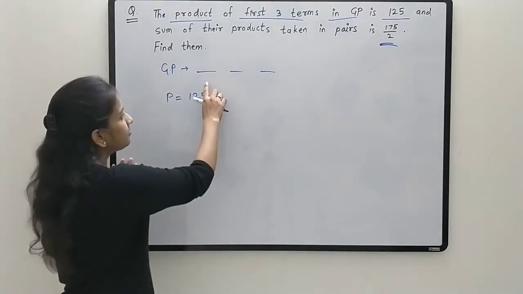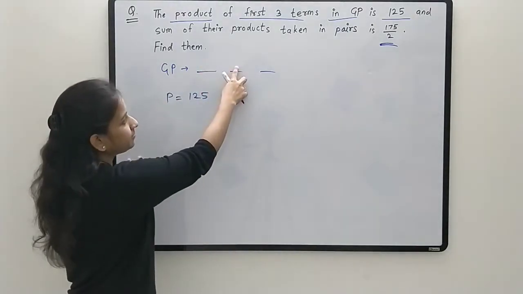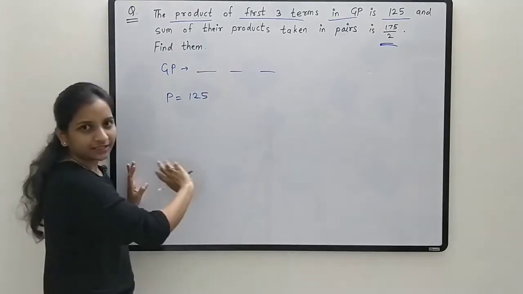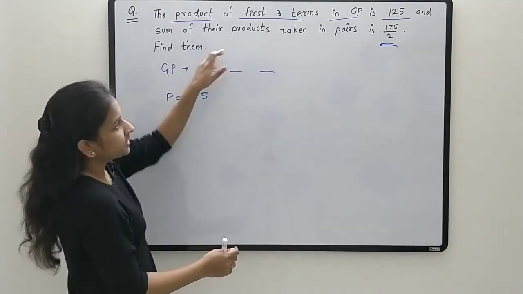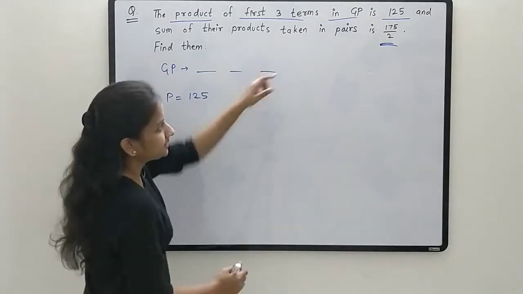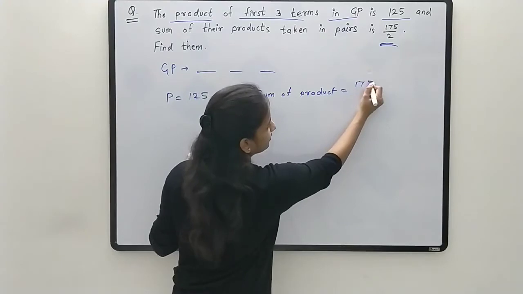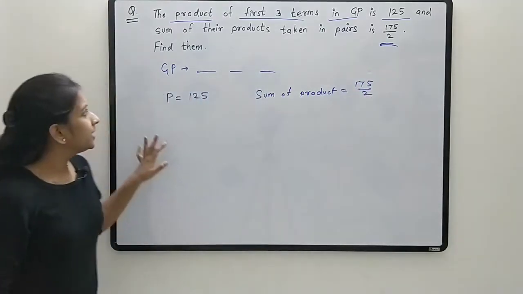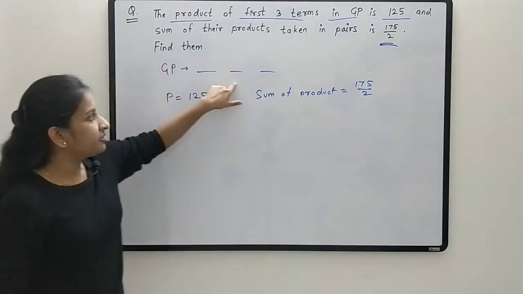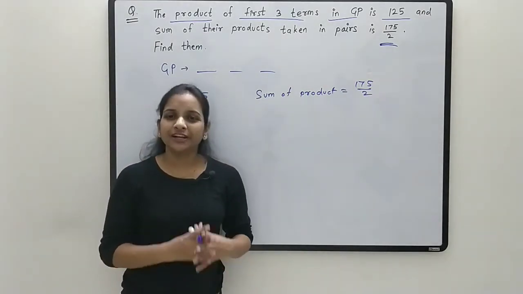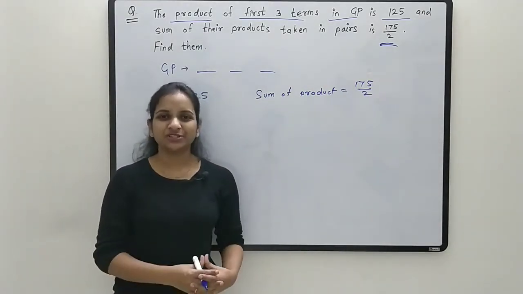That is, the sum of product of first and second, plus product of second and third, plus product of first and third. Then we have to find the 3 terms. Pause this video and take a screenshot. Try to solve this problem on your own, then match your answer with mine.